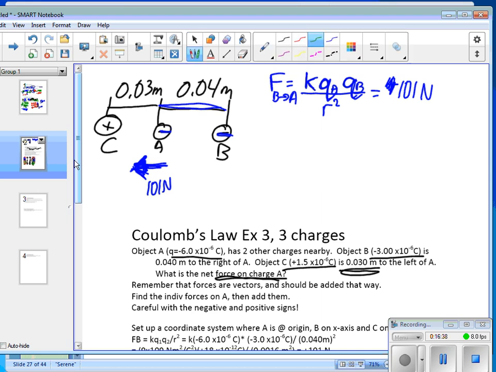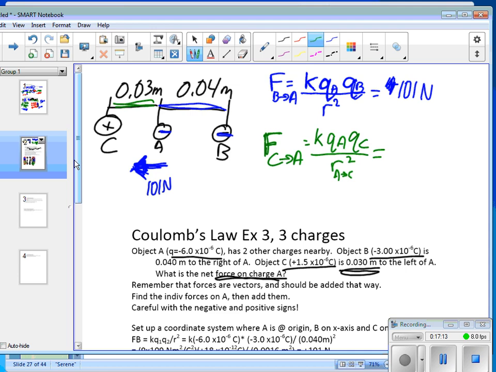Now, switching over to green, force of C on A, I'm going to use K, QA, QC divided by R squared. And just to clarify what that distance is, that's the distance from A to C. I'm going to plug that into my equation, so the distance being 0.03 meters.